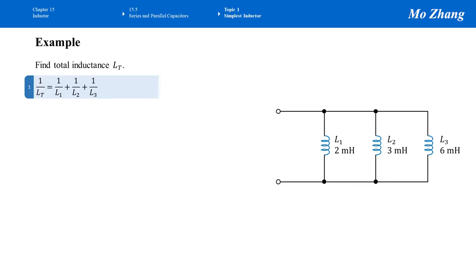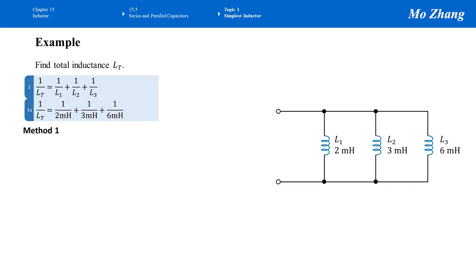That formula is 1 over Lt equals 1 over L1 plus 1 over L2 plus 1 over L3. Next step, plug in the numbers. L1 is 2 millihenry. 1 over L1 is 1 divided by 2 millihenry plus 1 over 3 millihenry plus 1 over 6 millihenry.